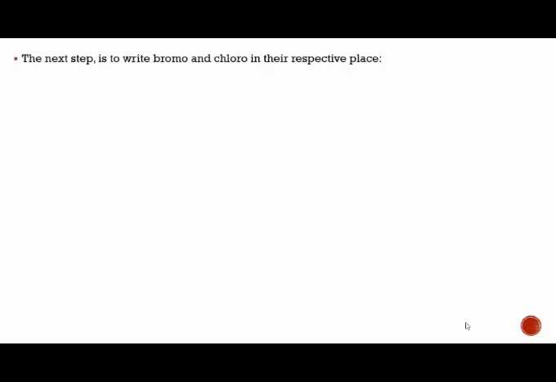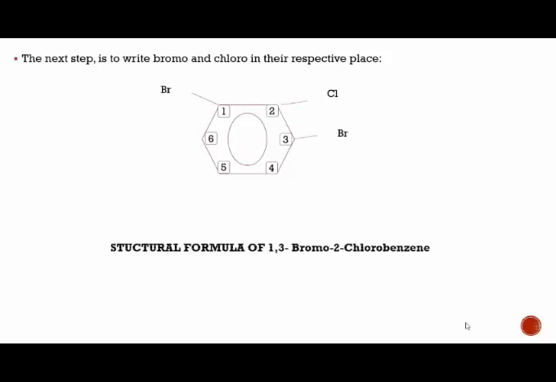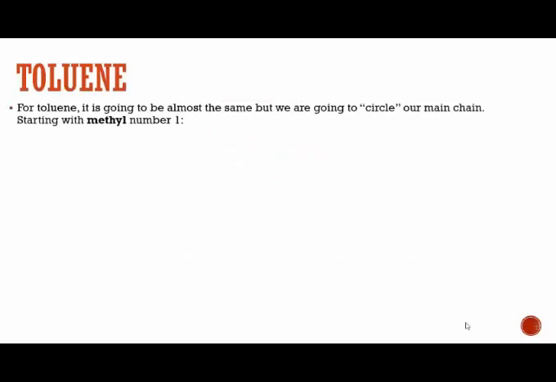The next step is to write bromo and chloro in their respective place. The structural formula for this benzene would be 1,3 bromo 2 chlorobenzene. Now toluene.